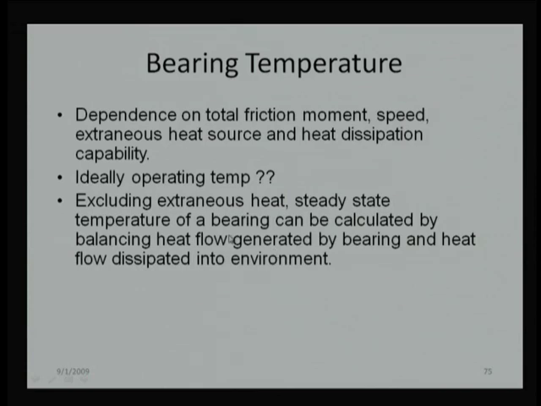However, to find that out, we require to know how much heat is generated and how much heat has been dissipated. We require a balance between the heat generation and the heat dissipation, or we say heat convected or conducted away to some other elements.